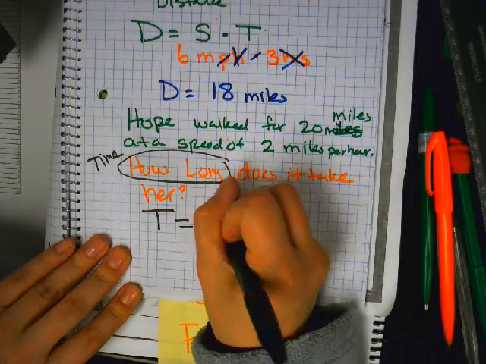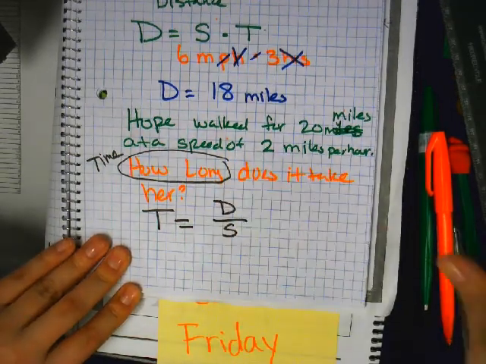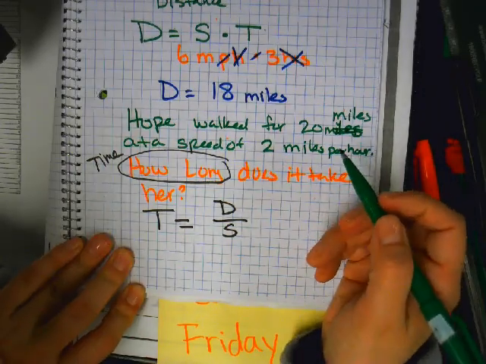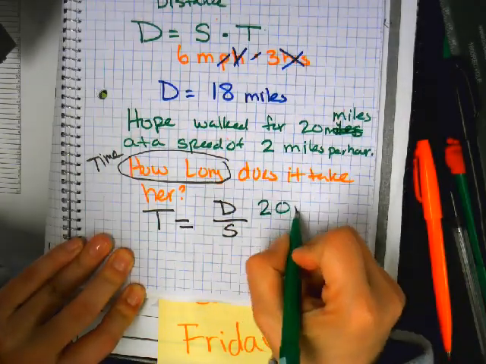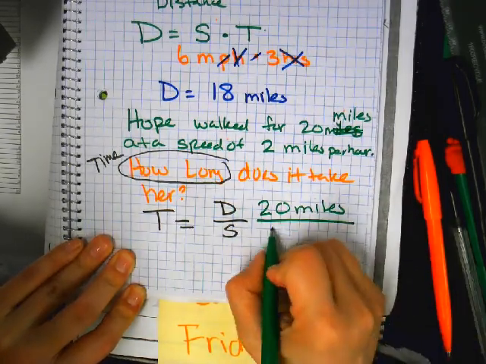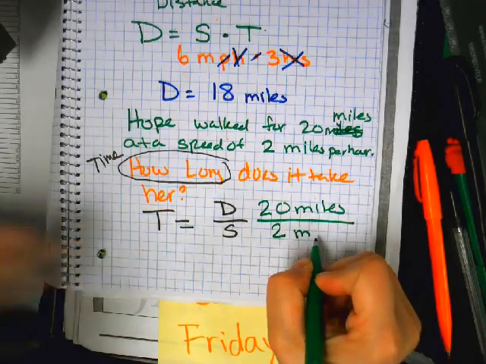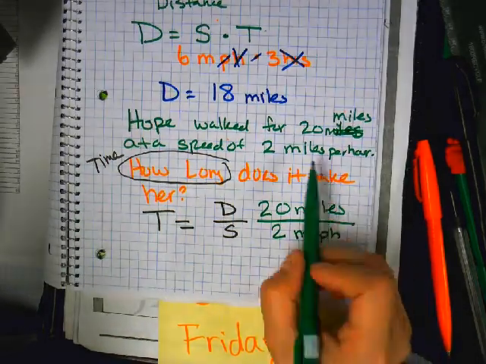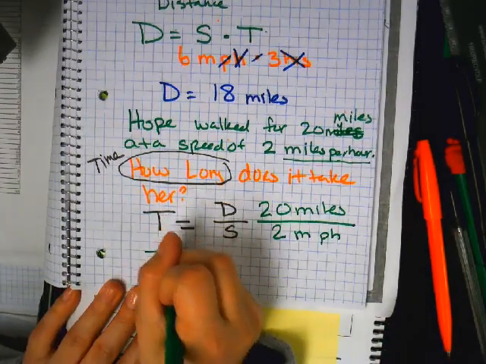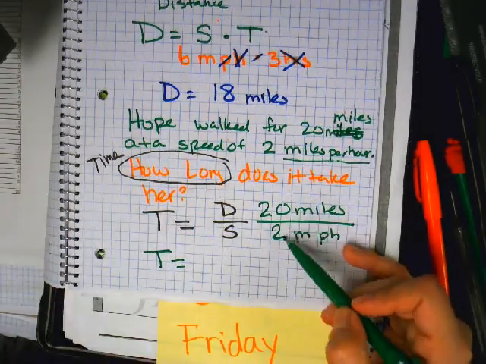Distance divided by S. All right, plug in your numbers. What's my distance? 20 miles, and thank you for saying miles, divided by, what's my speed? 2 miles per hour. This one has like the 3 words in it. All right, so my time is equal to, what's 20 divided by 2?